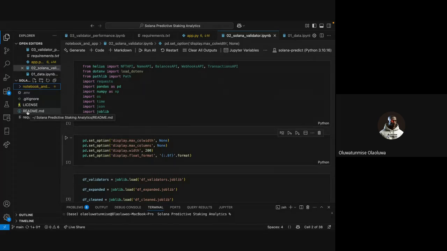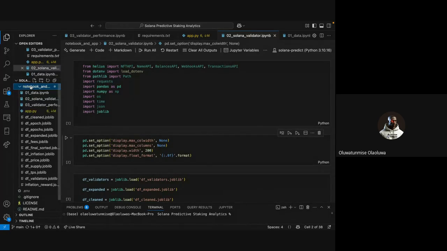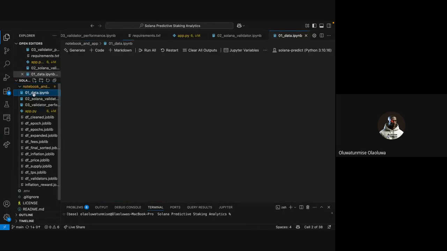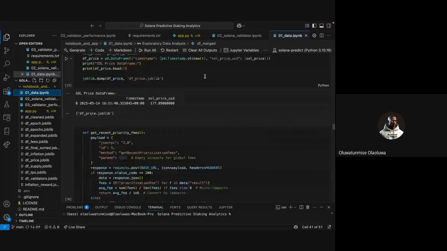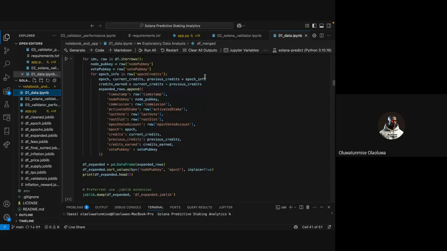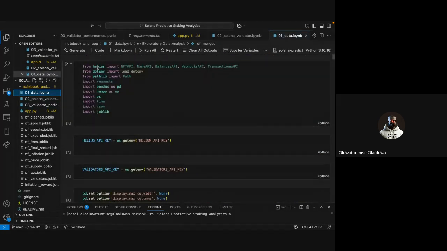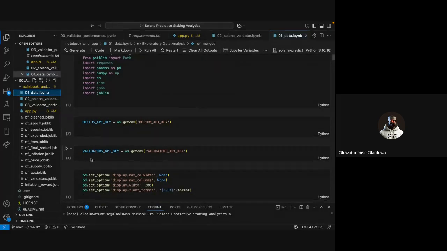I think I have to also show you the GitHub repo where this project is stored. Here is where I gathered my data. I used API keys from top data providers like Helius and validator APIs.